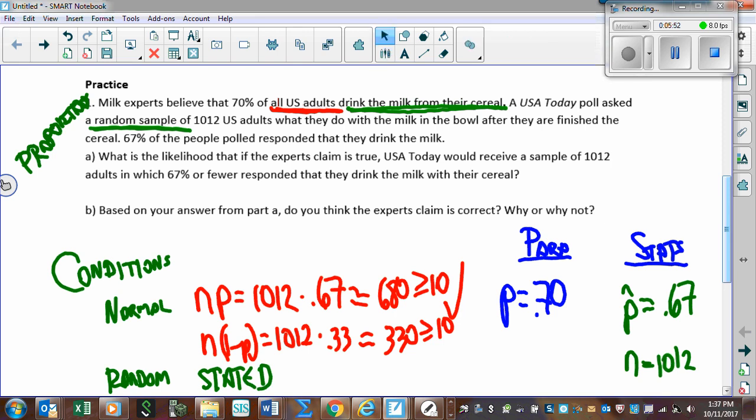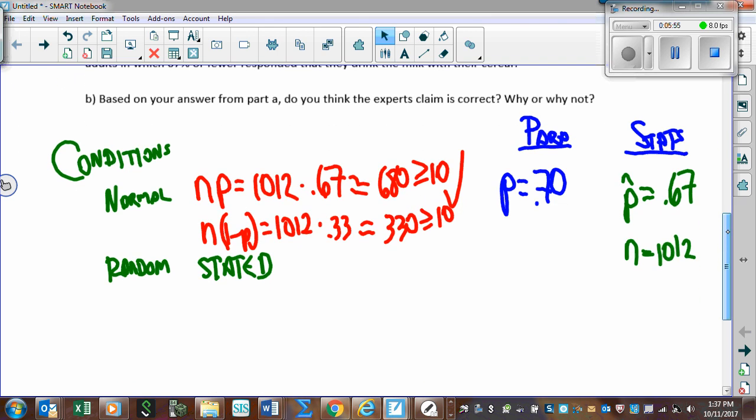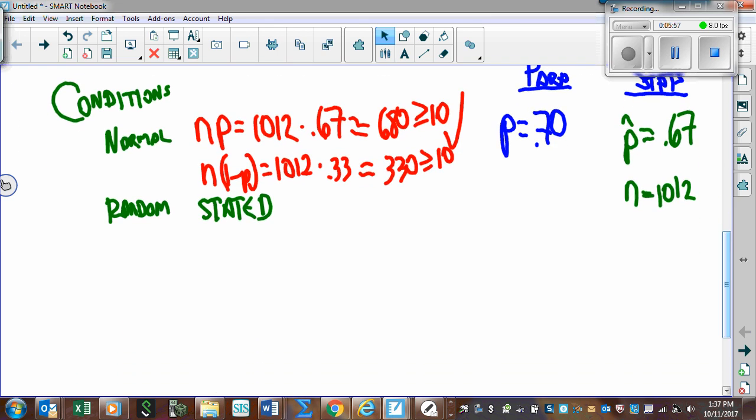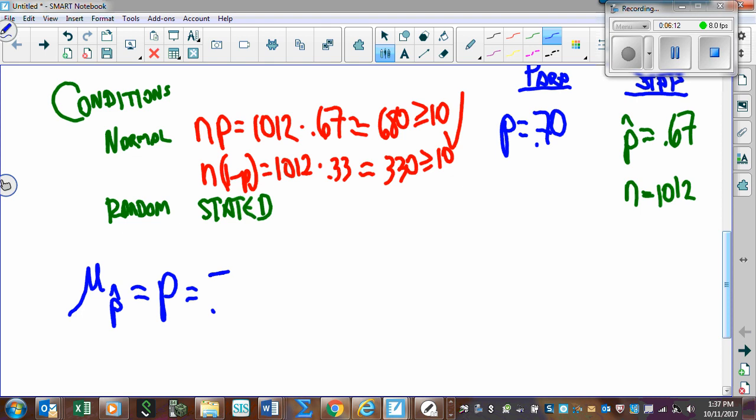Okay? So now we're going to find the center of our sampling distribution and the spread of our sampling distribution. For our center, that's going to be equal to mu. Again, it's a proportions problem, so it's mu of p hat. And that's going to be equal to p, that's on your formula sheet, which is equal to 0.7.